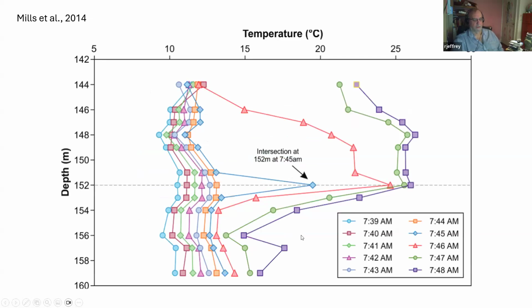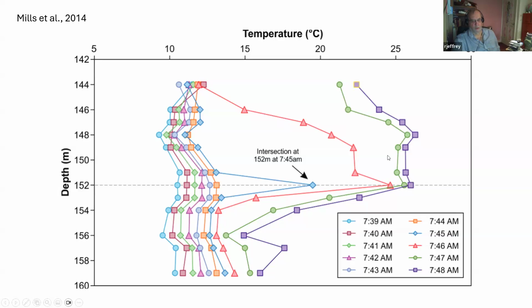And here's a record from one of those boreholes where the temperature varies as a function of time. Before arrival, there's some up and down movement in temperature along the instrumentation string. But after the arrival, we see a very sharp increase in temperature at that depth, which continues to develop with time.